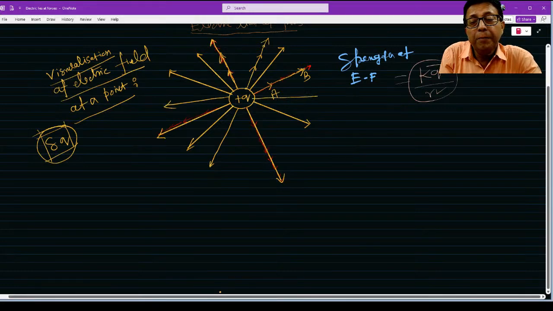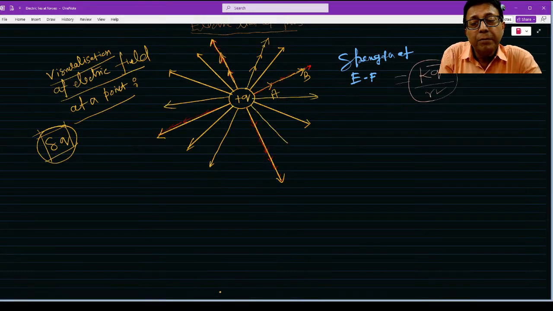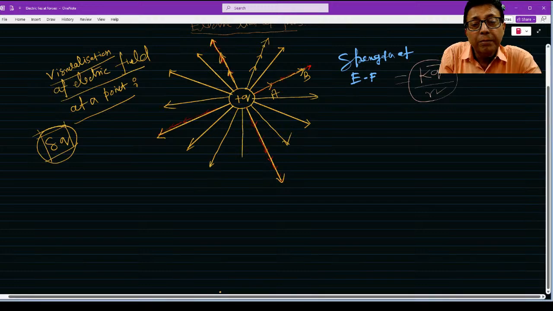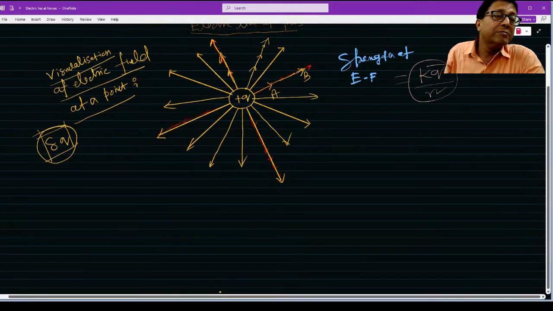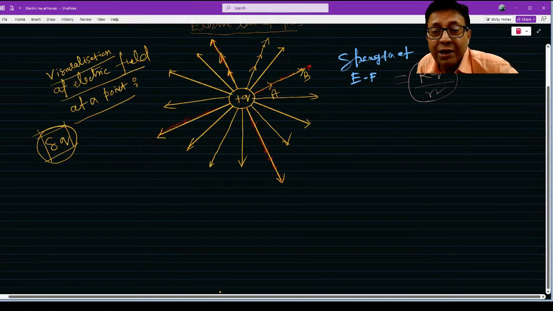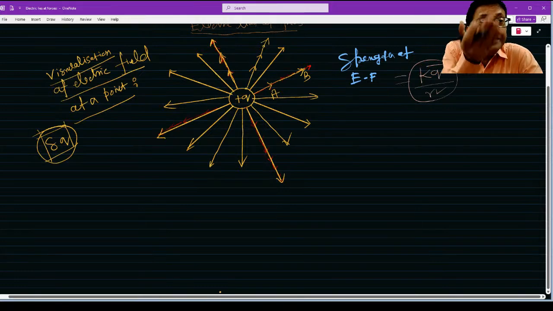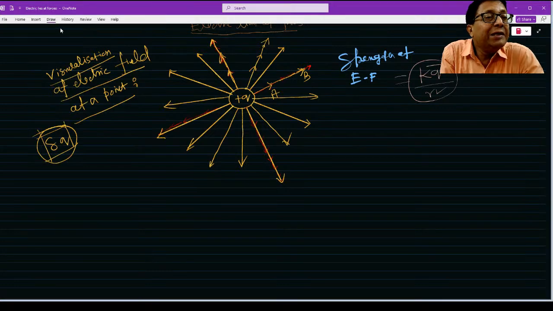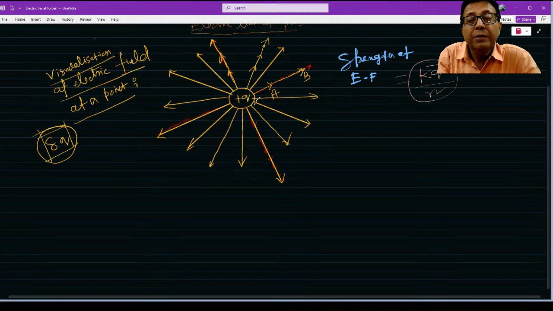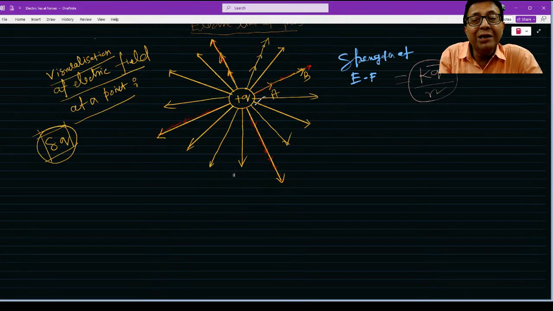then something like this, one can observe that if some area is placed near the charge, and another area is taken away from the charge, then what will you observe?